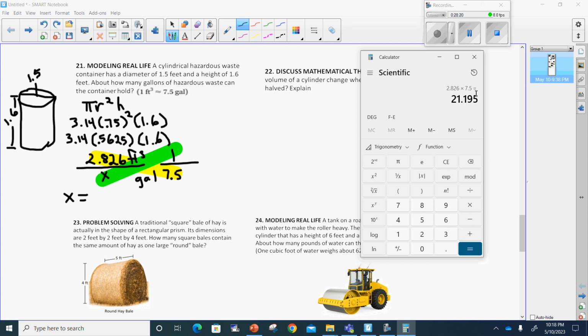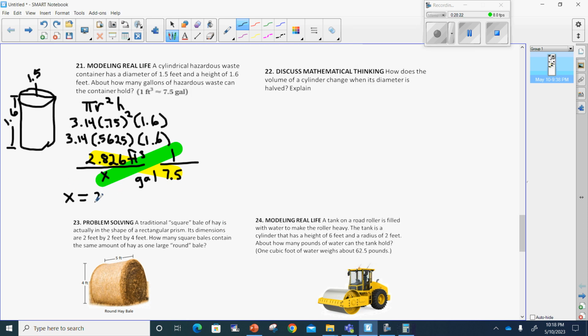That equals 21.195. And that's changing it to gallons, isn't it? All right. So if you're rounding this, it's about 21 gallons.